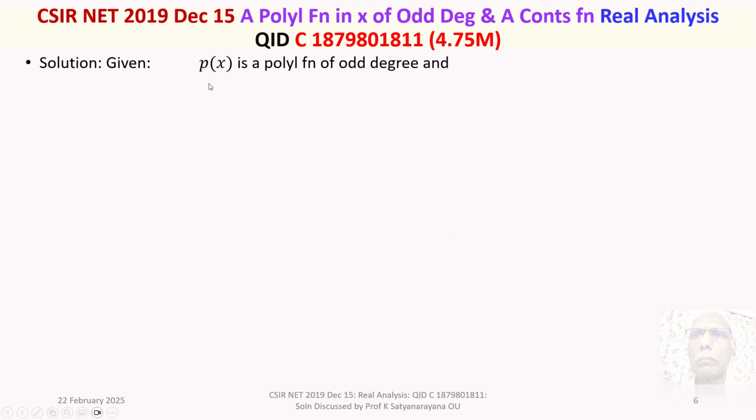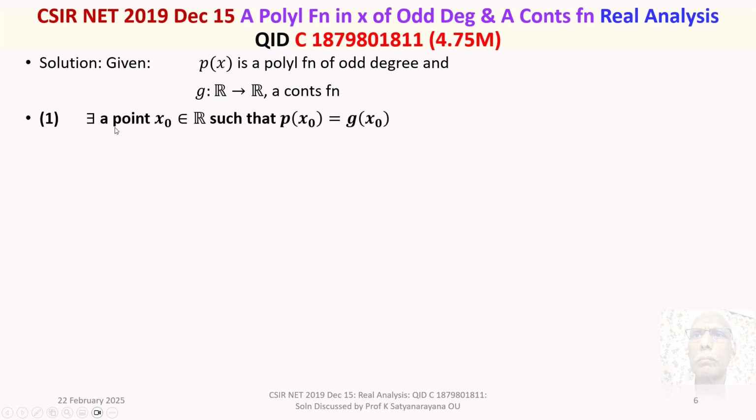We are given p of x is a polynomial of odd degree and g is a function from R to R which is given to be a continuous function. Consider option 1. There exists a point x0 belongs to R such that p of x0 is equal to g of x0.